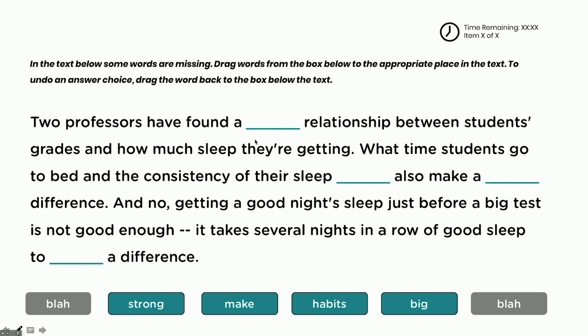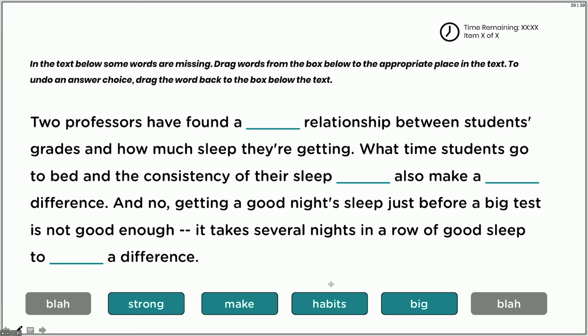Let's keep going. So they found a strong relationship between students' grades and how much sleep they're getting, what time students go to bed, and the consistency of their sleep. Something also make a something difference. Okay, so here we've got sleep, and it's acting as a type of adjective. So sleep strong, sleep make, sleep habits, sleep big.